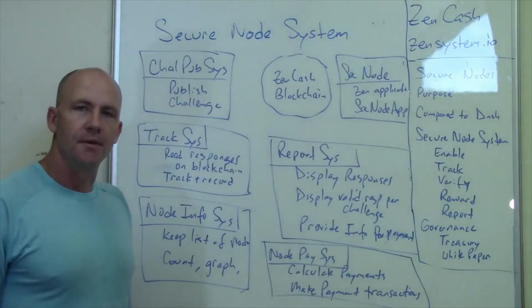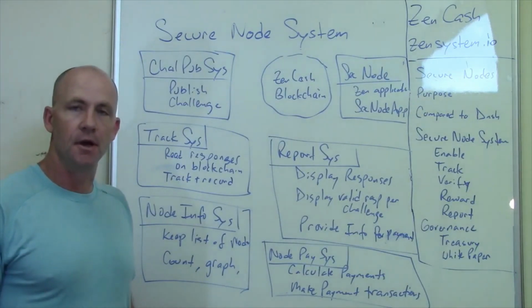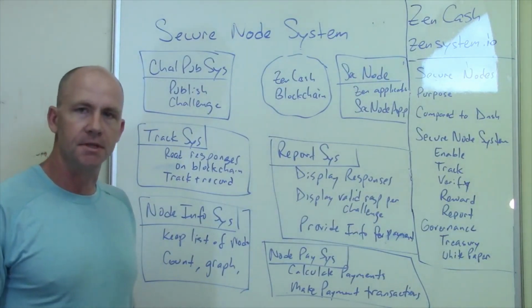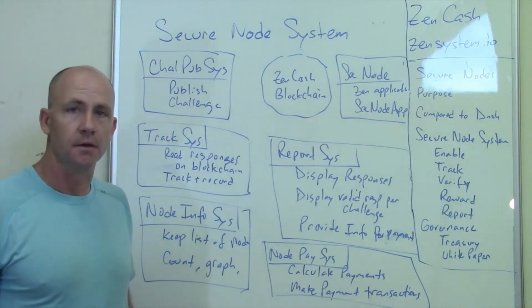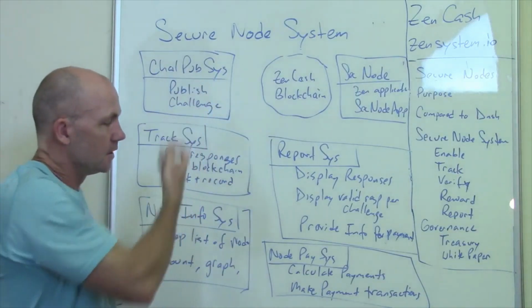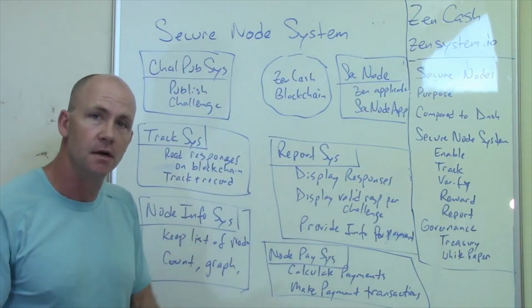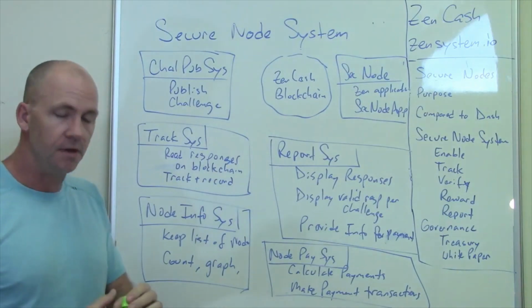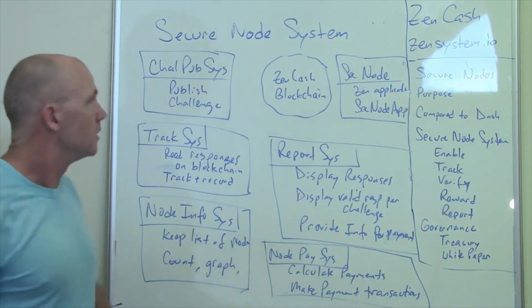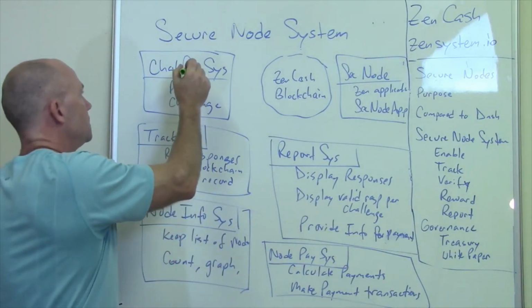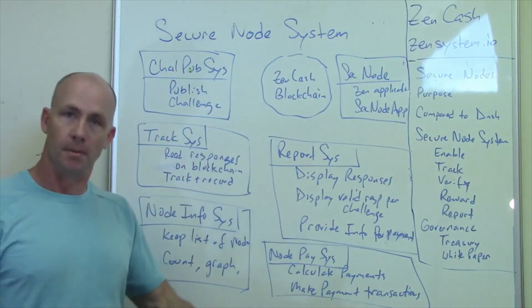Okay, let's talk about the different elements of the secure node tracking and payment system and how they work together. There are a lot of different boxes on here, but let me explain as we flow through the process. The challenge publishing system is going to publish a challenge.